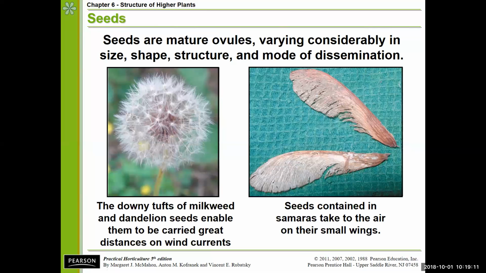And the important thing I want you guys to think about here with specialized seeds and fruits too is that they're often evolved in order to get the children, basically the propagules, as far away from the adult plant as possible.